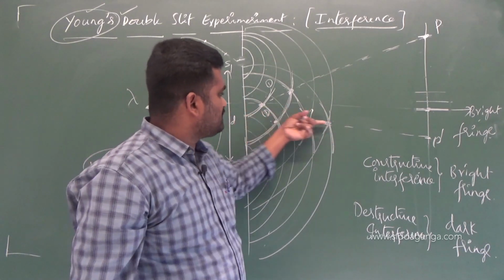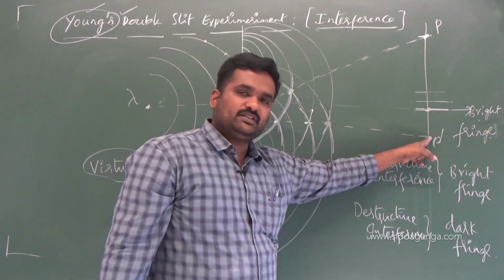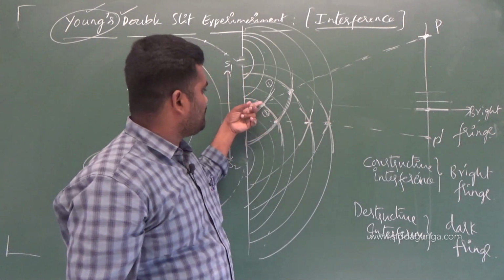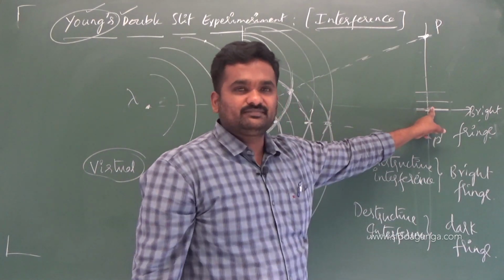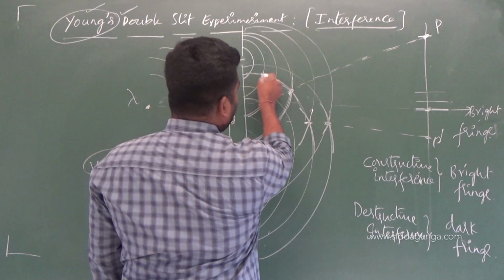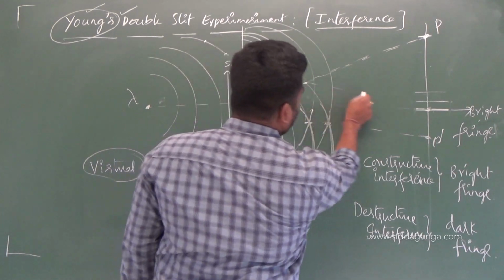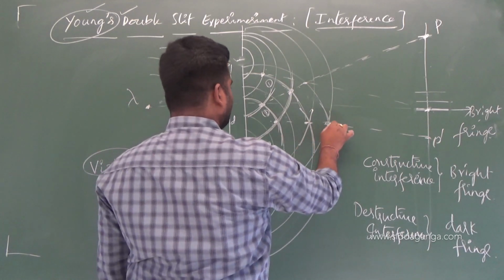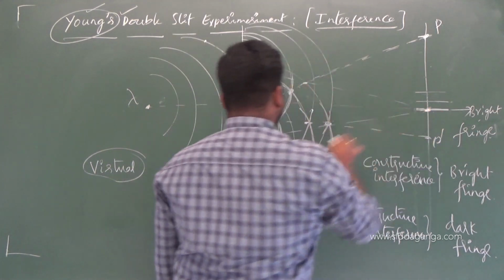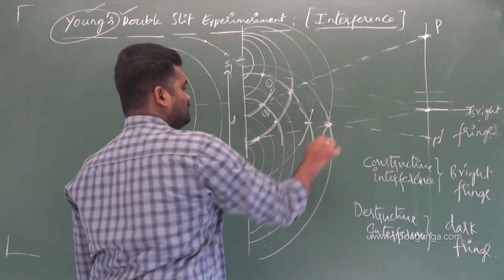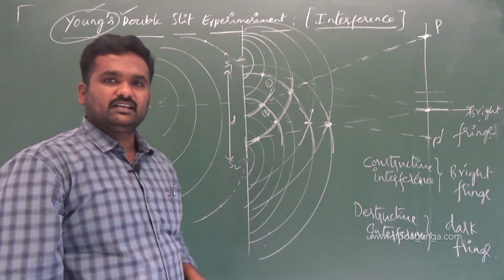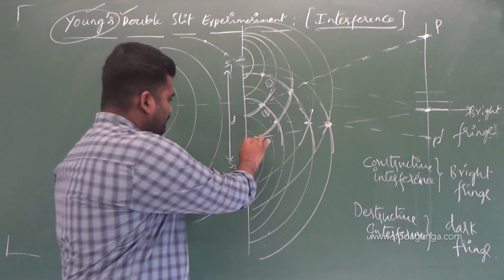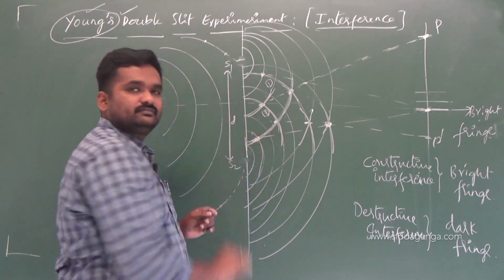All waves which have a phase difference of pi will superpose here. All waves which have a phase difference of 0 will superpose here. Let me say, for example, at one point and at another point I have taken, the waves getting superposed are one wave and the other wave.